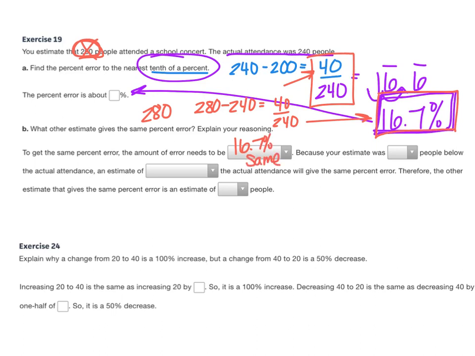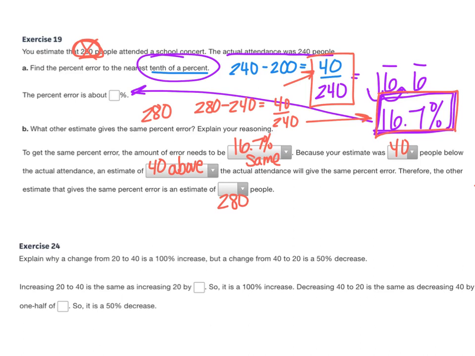Because your estimate was 40 people below the actual attendance, an estimate of 40 people above the actual attendance will give you the same percent error. Therefore, the estimate that gives you the same percent error is, as we said, 280 people. You'd still be off by the same exact amount, so you get that same percent error, just in the other direction.